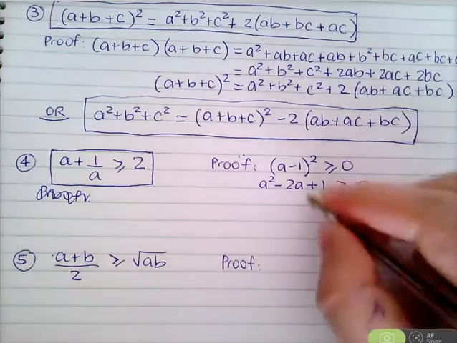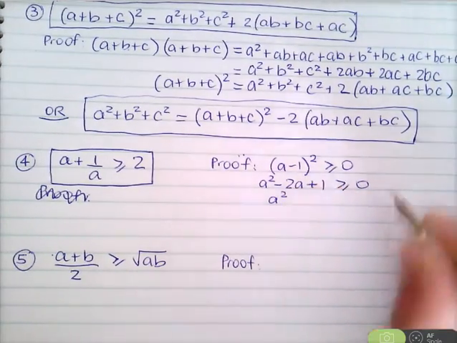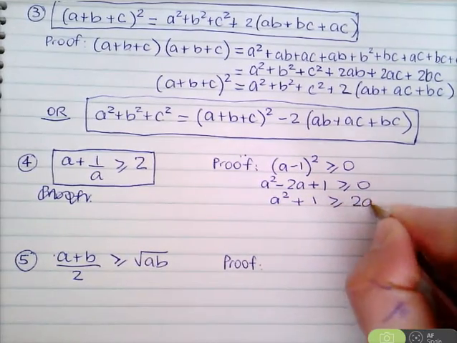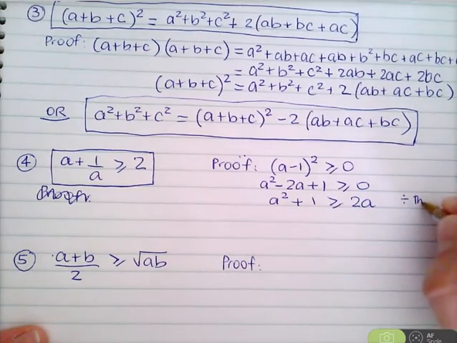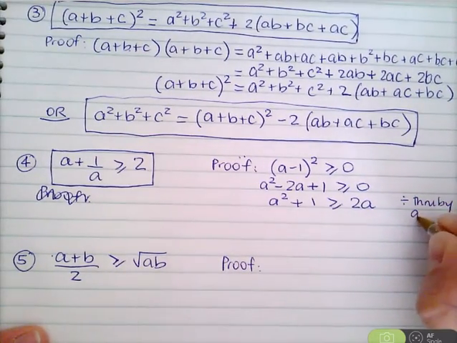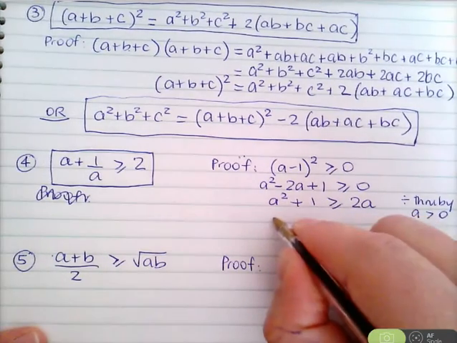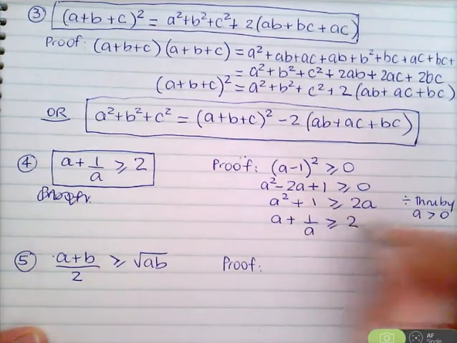Now we can take the minus 2a to the other side. So a squared plus 1 is greater than or equal to 2a. And now we can just divide through by a, but a has to be greater than 0 in this case. So therefore we get a plus 1 on a is greater than or equal to 2.